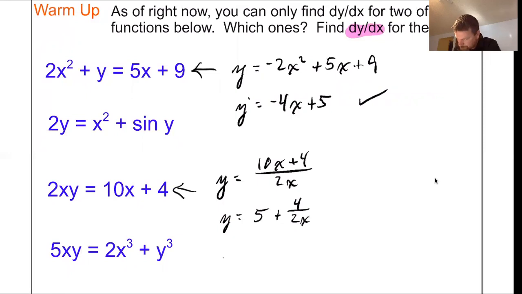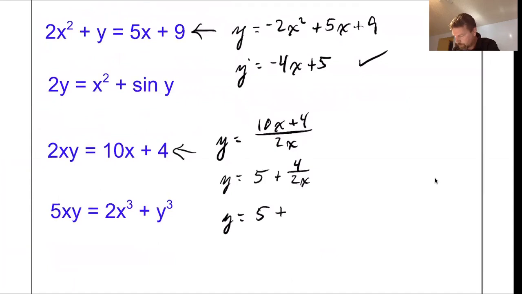If I want to do some calculus, I would divide that 4 and 2. 4 divided by 2 is 2, so 2 over x. And then I would finally rewrite it as 5 plus 2 times x to the negative 1.